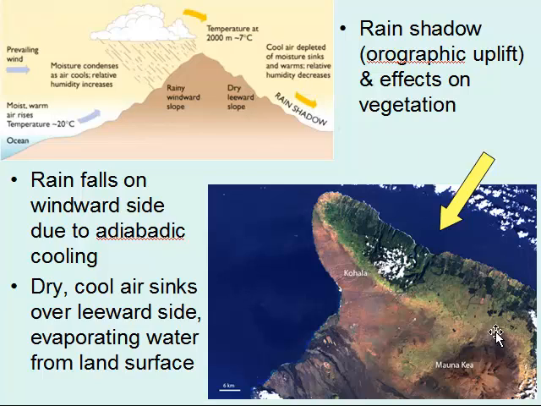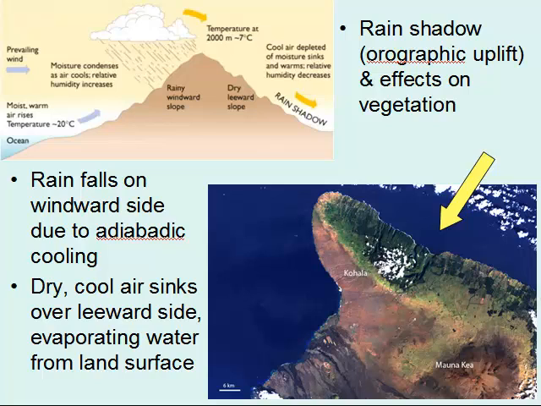And here you can see an example of Hawaii. This is the Big Island. You see the yellow arrow showing you the direction that the air masses are coming, and you can see this pretty straight dividing line all along the surface of the island that I've just traced here, between the brown side over here and the green side over here.